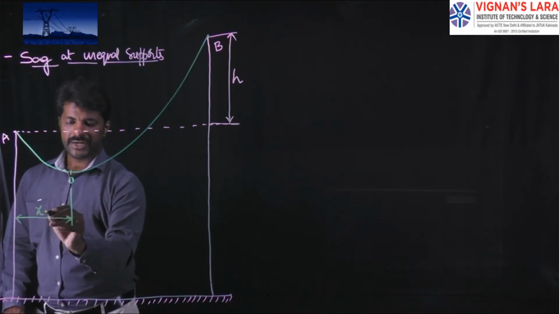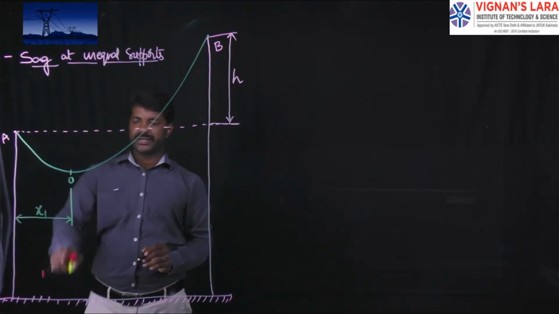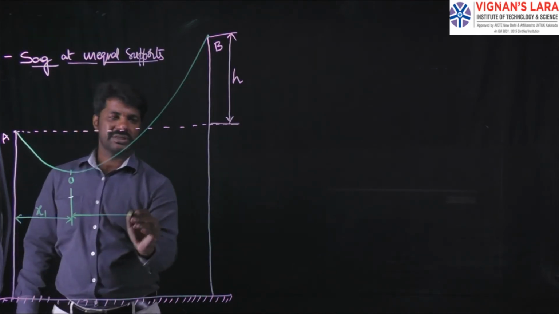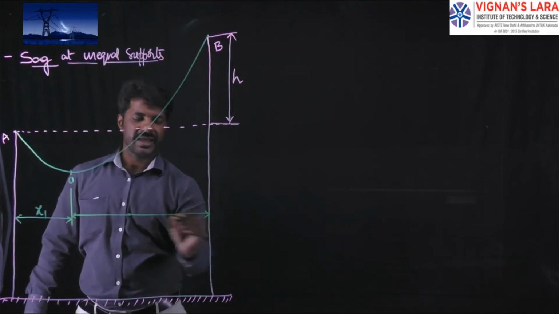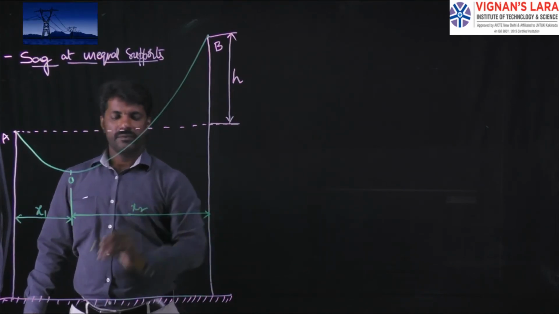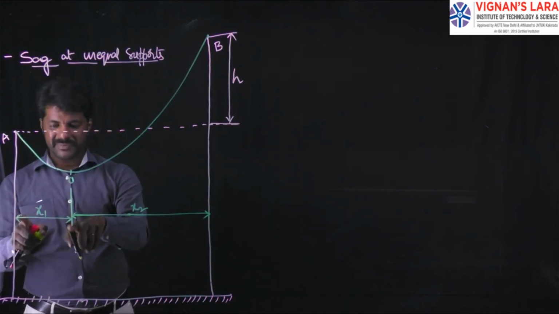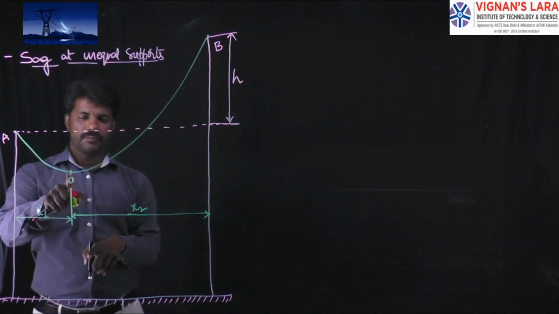It is located at a distance of x1 meters from the smallest support, and the same point O is at a distance of x2 meters from the tallest tower, where x1 and x2 are the distances of point O with respect to the smallest support and tallest support.